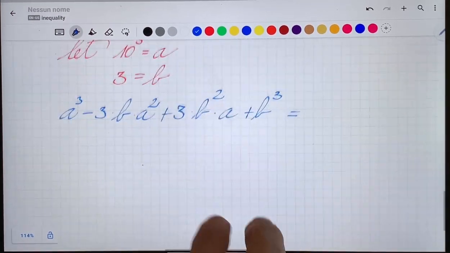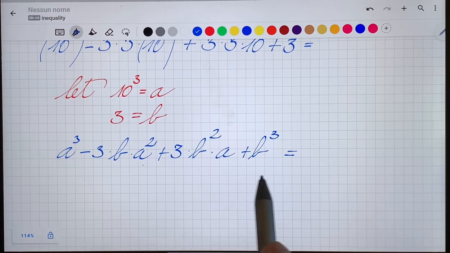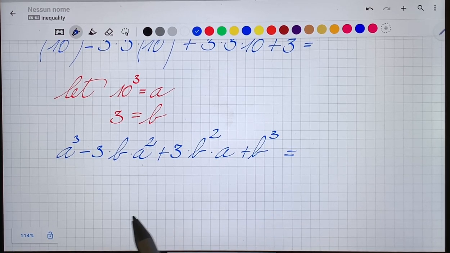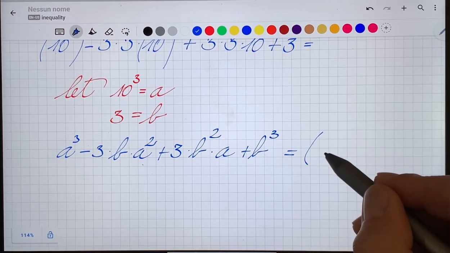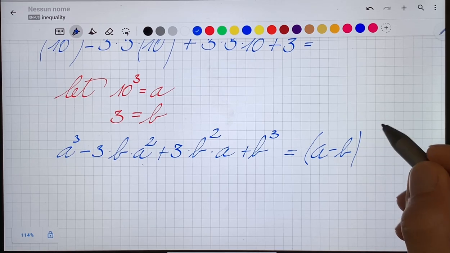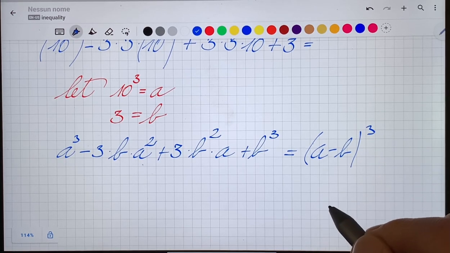Okay, now as you can see, this is a cube of a binomial, and it's A minus B to the power of 3.